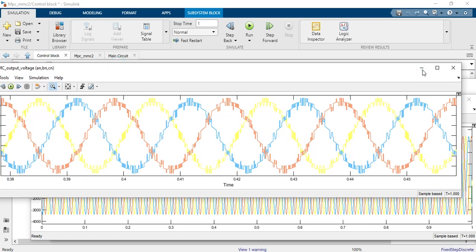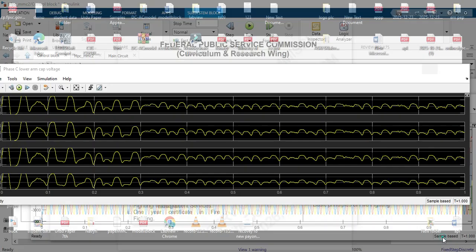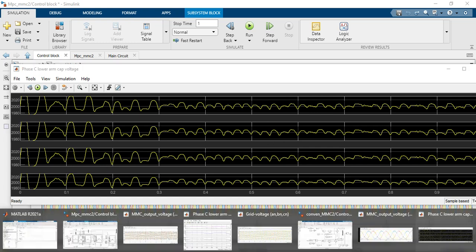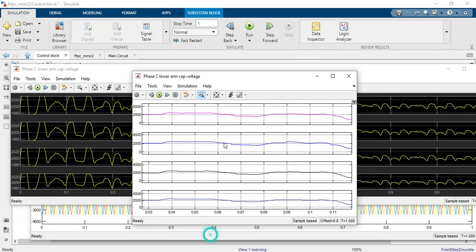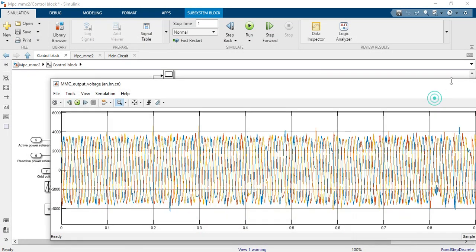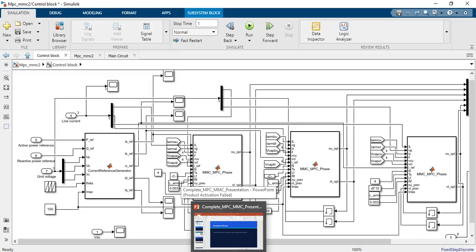So yeah, right. These are the capacitor voltages. You can see there are a lot of ripples, but those were not present in the MPC based. So MPC in all terms is best compared to the PI control.